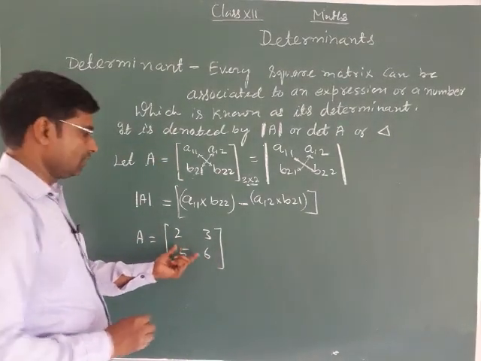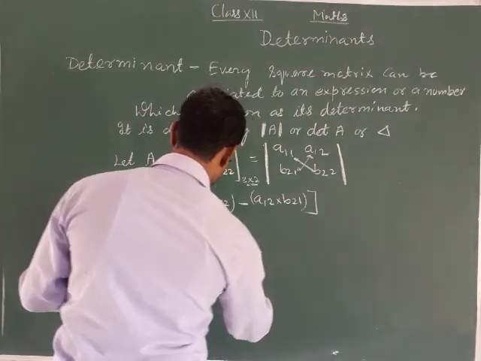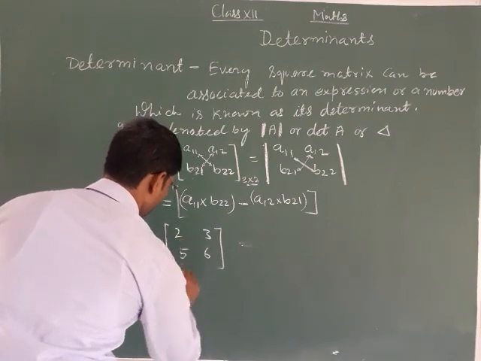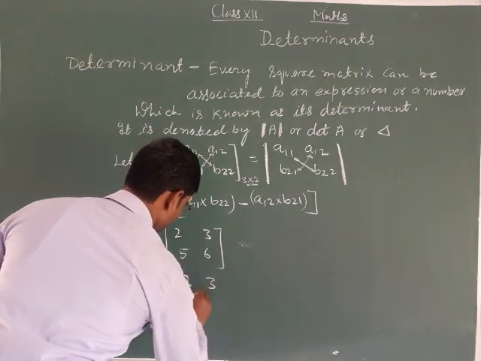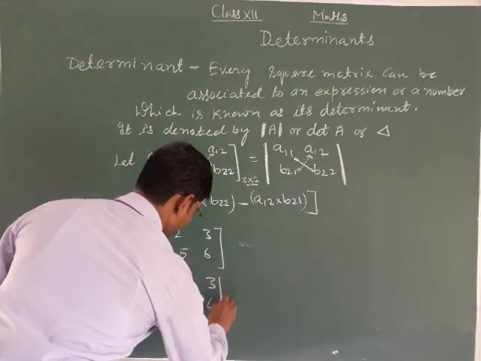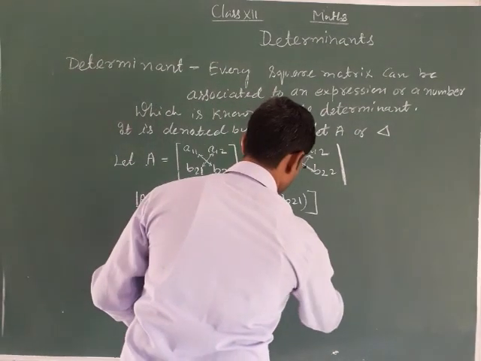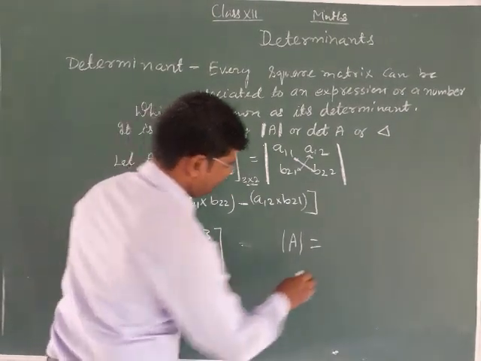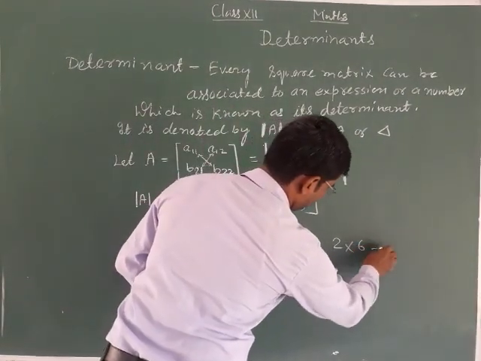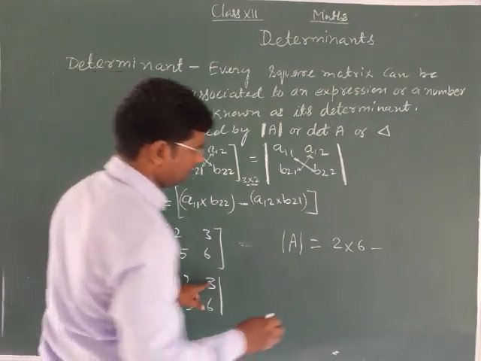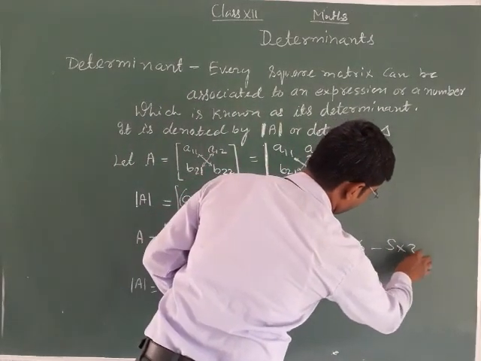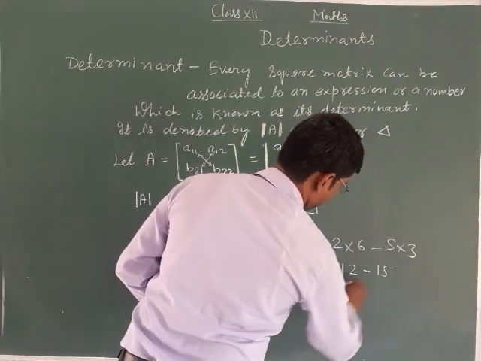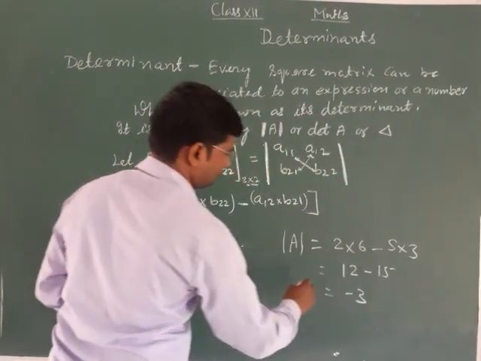So the determinant of A is 2 into 6 minus 5 into 3, which is 12 minus 15, equal to minus 3.